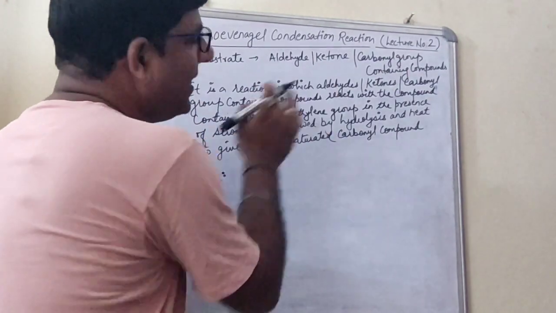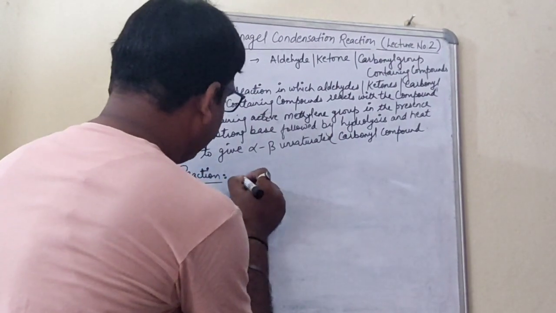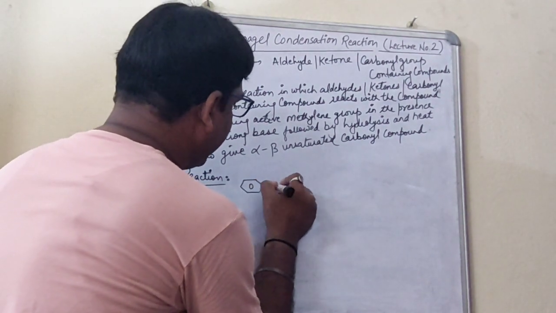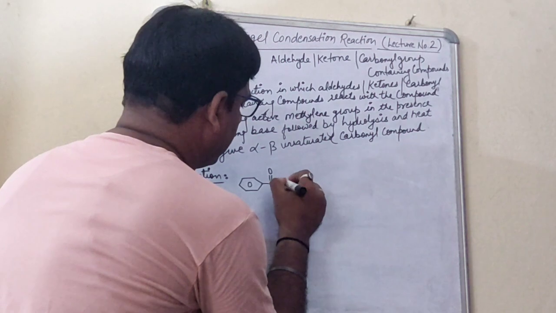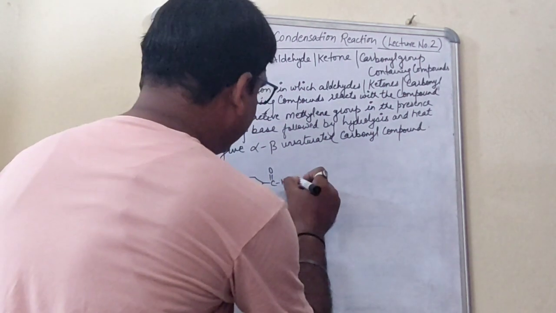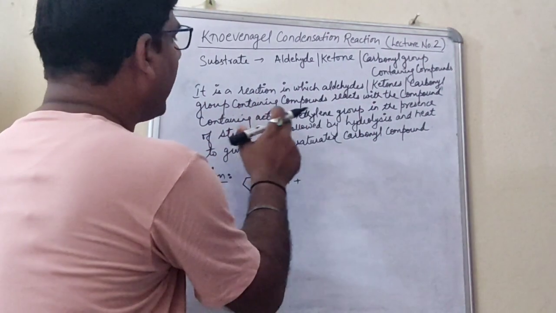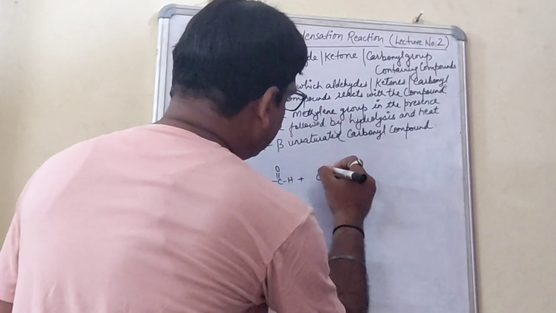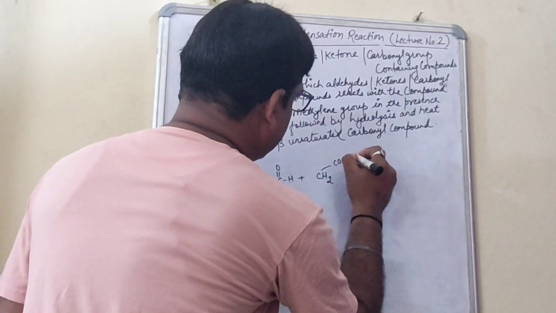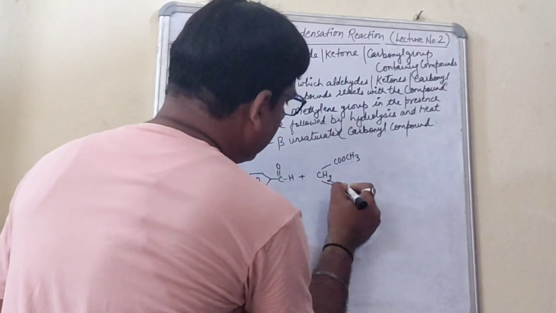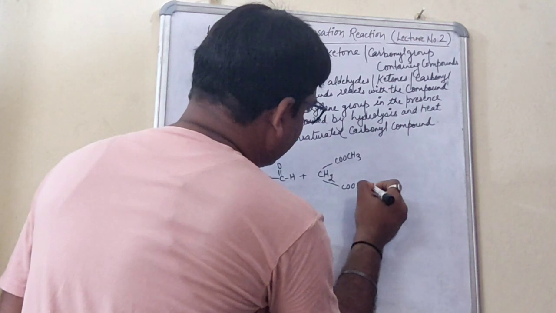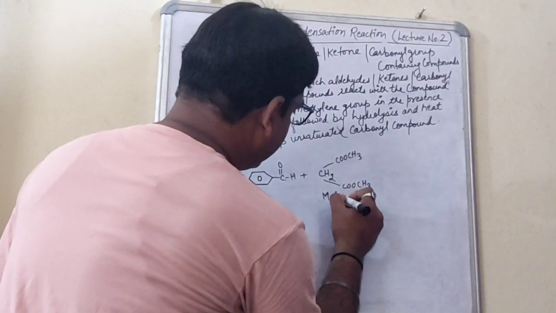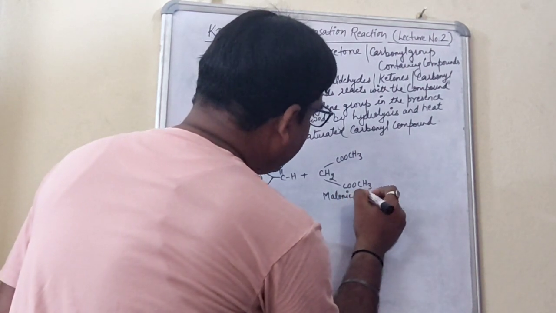Now we have to take any aldehyde, right? Now I am choosing the aromatic aldehyde, that is benzaldehyde. It will react with what? A compound containing active methylene group. Now I will choose CH2(COOCH3)2, the name of this compound is malonic ester.